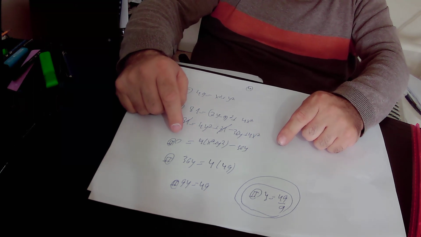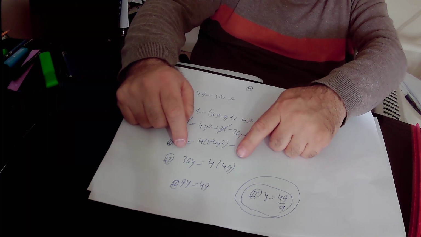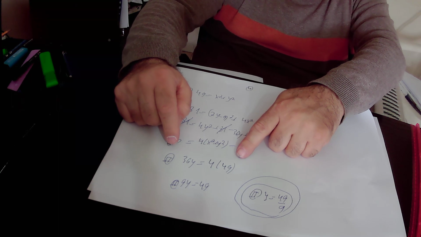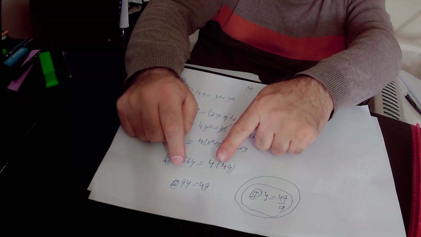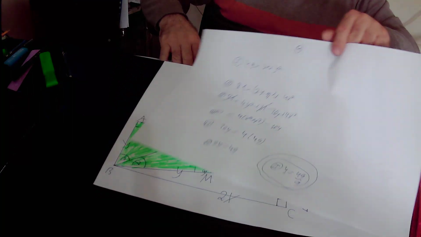We added 36y to this equation, and we got that 36y equals 4 times 49. We divided by 4, and we got that 9y equals 49. We divided by 9, and we got that y equals 49 over 9.